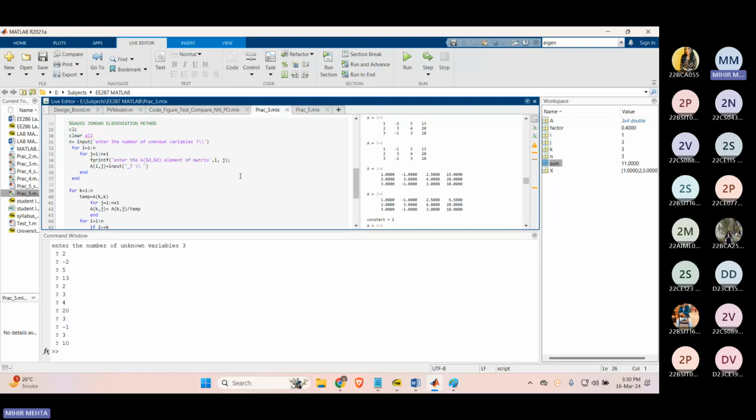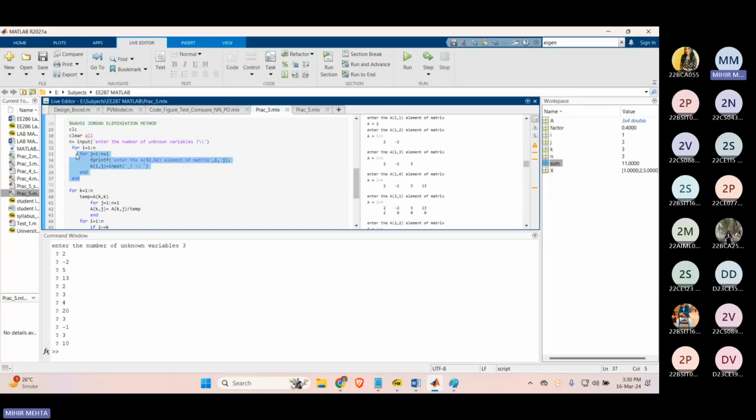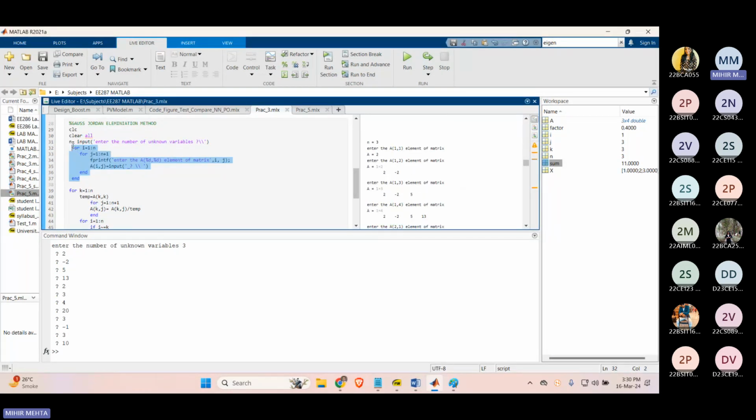Again, we are using the same set of equations to find the answer using the Gauss-Jordan elimination method. Here, using this particular set of commands, you are forming your augmented matrix for the unknowns to find out their values.